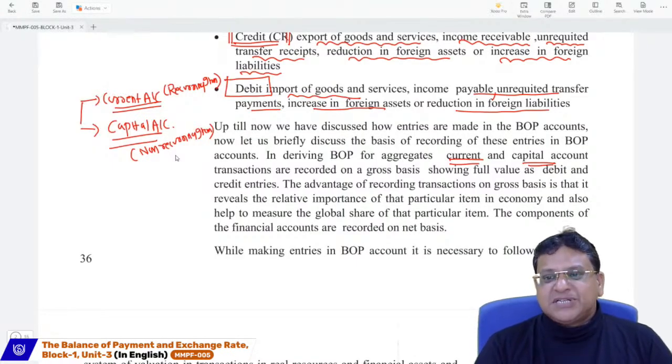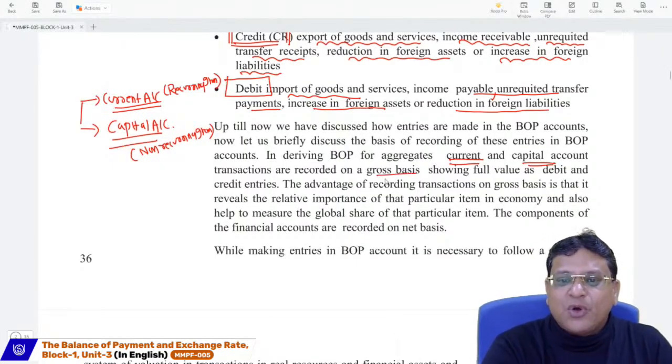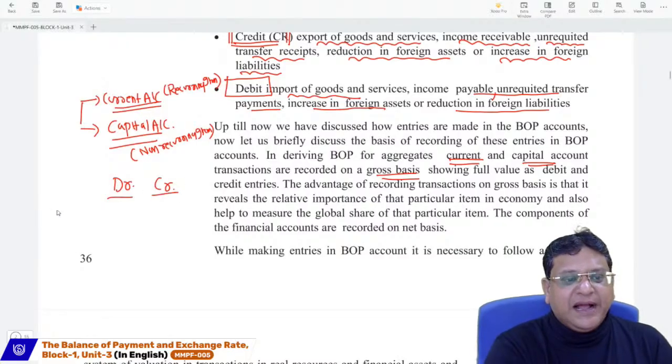But please understand, under current account and capital account, we record the transactions on which basis? On gross basis. What is gross basis? Gross basis means there are two items, debit and credit. Suppose there is one item, transfer payment, transfers.